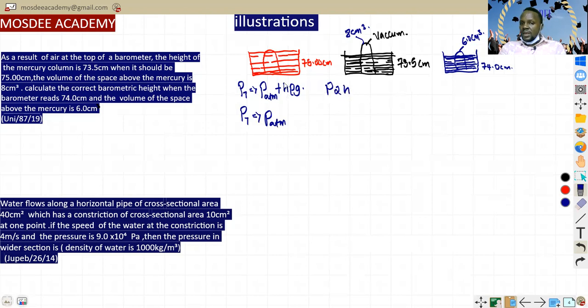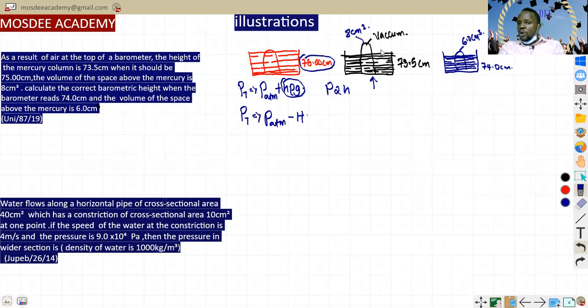So if you say H rho G here, because rho and G are not given, I am only considering it as the height. So I say P atmospheric minus the height. So here, the atmospheric pressure, which is the total pressure initially, was 75 because there's no space. So that is the one that is coming in.